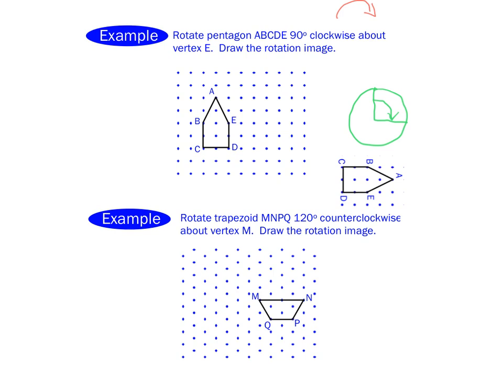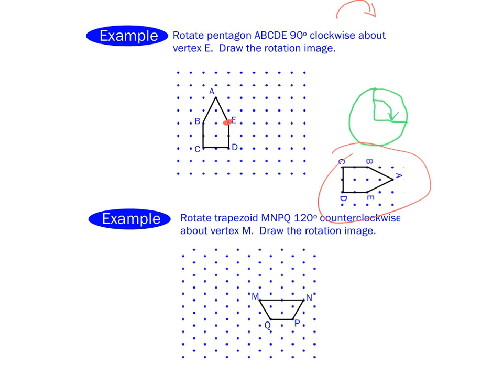And the thing that you have to understand is because it's about E, E is our anchor point. E doesn't change. Everything else changes around E. So we take the information that we see here and transcribe it over to our shape over here.